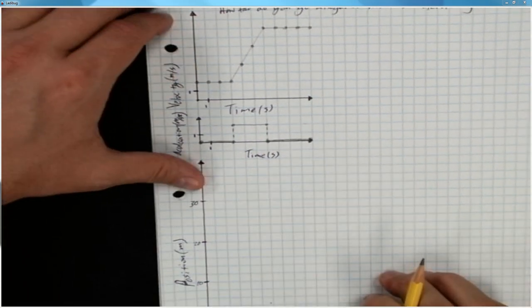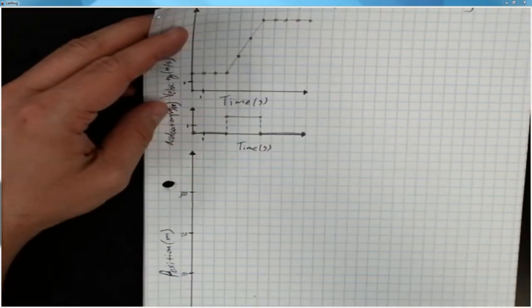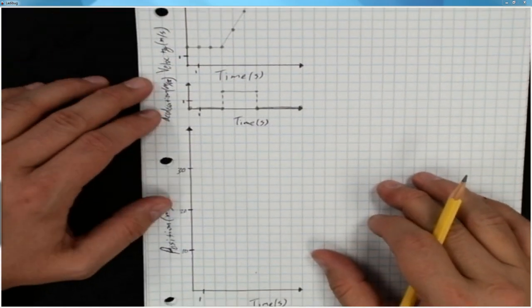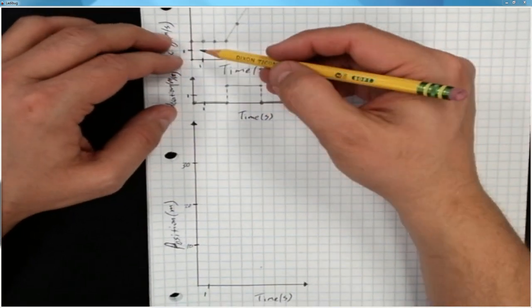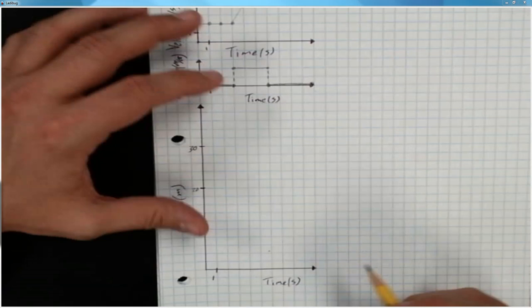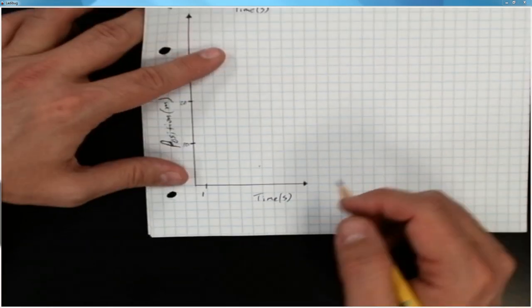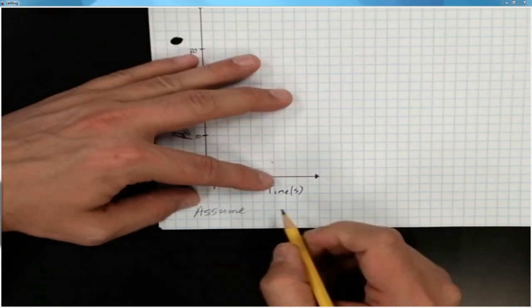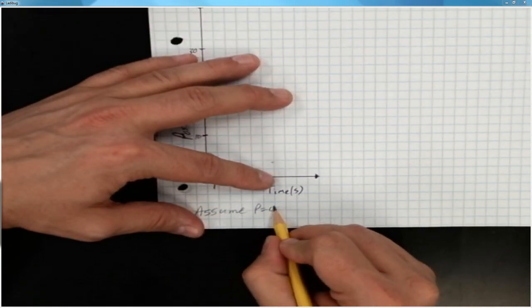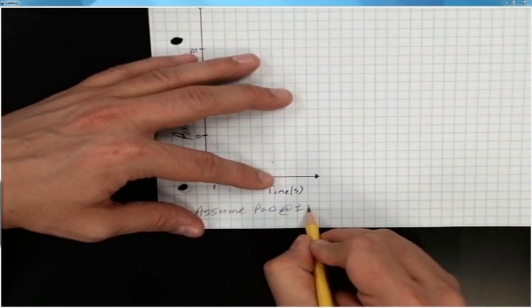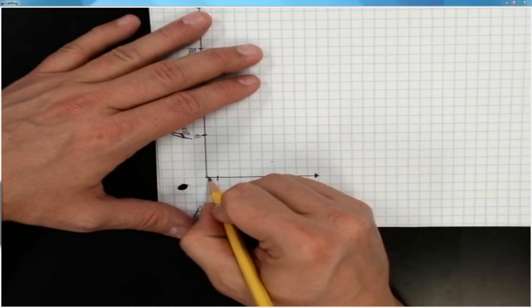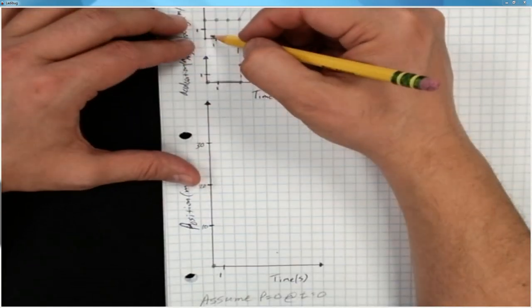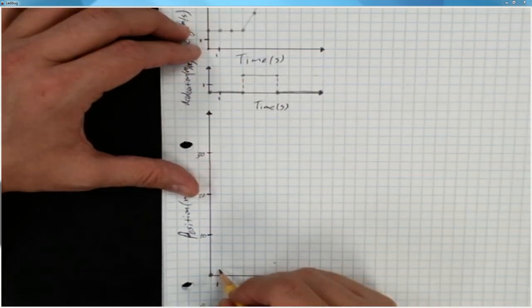Now let's make our position versus time graph. I've already shown you how to do all this, so this is all review. Let's assume that you start at position equal to 0 at time equal to 0. So you start here. In the first second, you go 2. So 1, and every tick mark is worth 2 here.